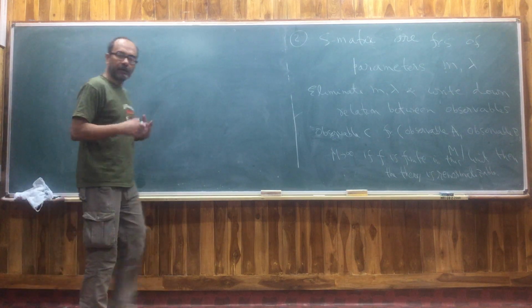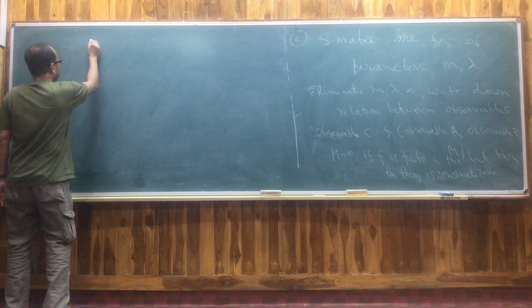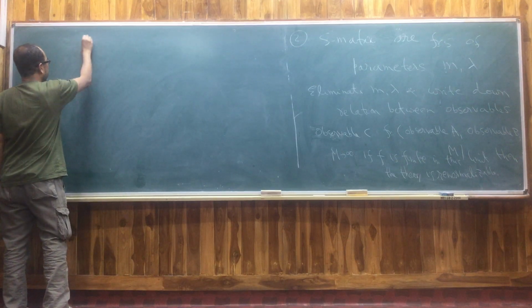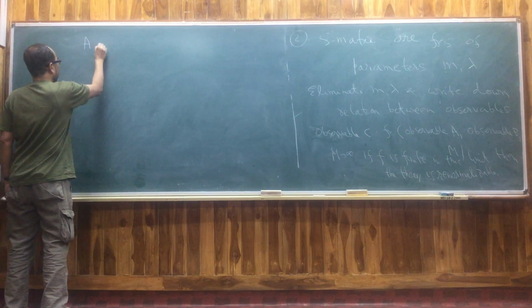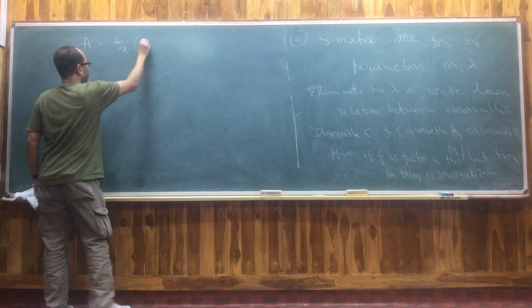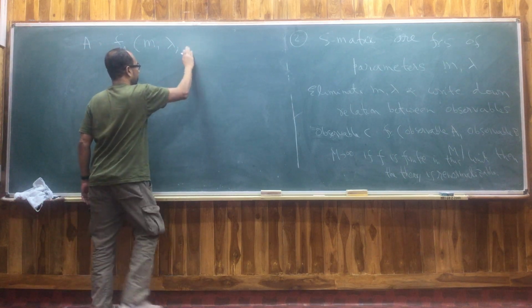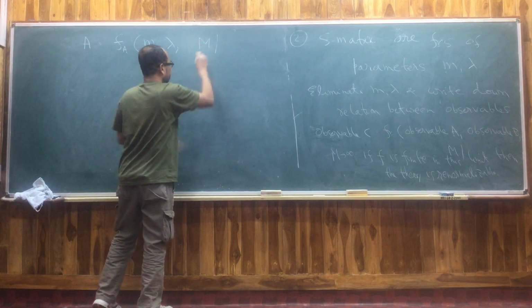So again, let's work in the context of Phi-4 theory, but this is general. I have any observable, let's say A, as some function f_A of m, lambda and capital Lambda, which is the cutoff.